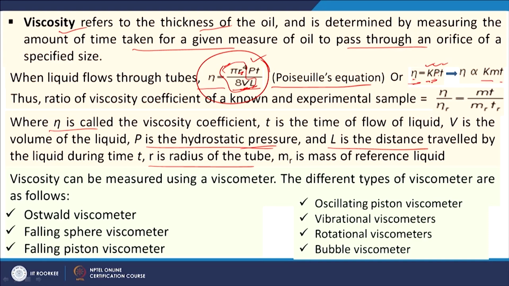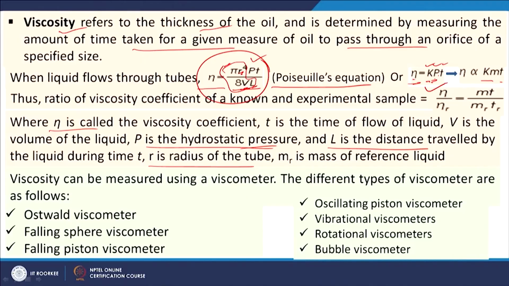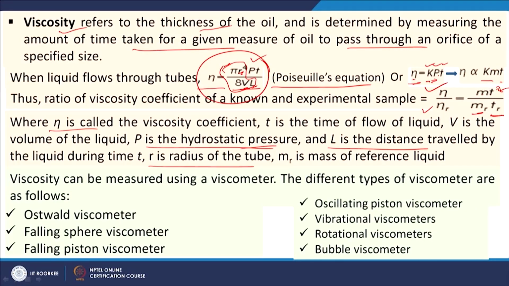Now, if we have two fuels, one a standard of known viscosity and another of unknown viscosity, and we measure the time to fall a certain distance through the orifice for both oil samples, then we get the viscosity coefficient ratio by m t divided by m r t r. Here m r is the mass of the reference fuel and t r is the time required to travel the same distance by the reference oil, while t and m are the time and mass for the oil whose viscosity we want to determine.